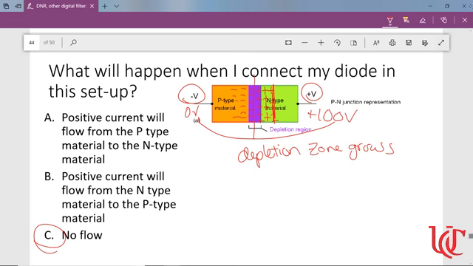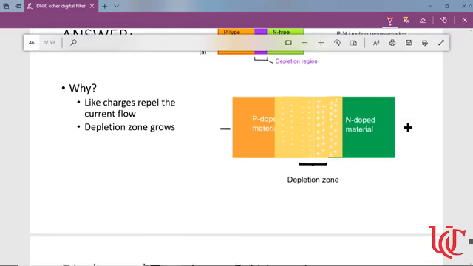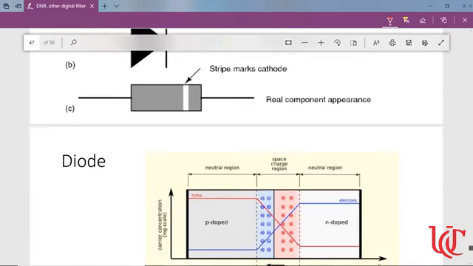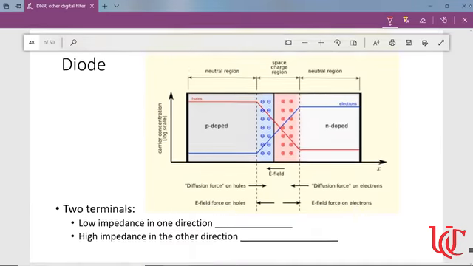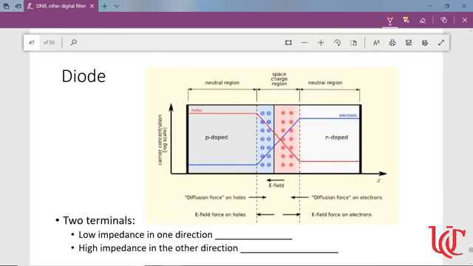What does that mean? So my depletion zone is going to grow from it. It means when I hook up my diode, I have a different impedance, or again, my resistance to electrical flow, in one direction than the other. So I have a low impedance in one direction.